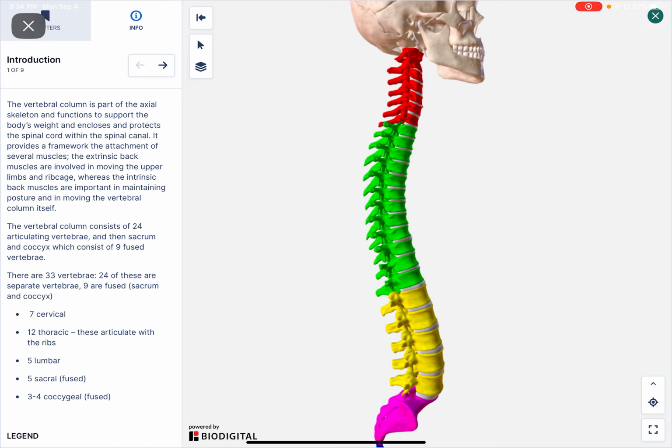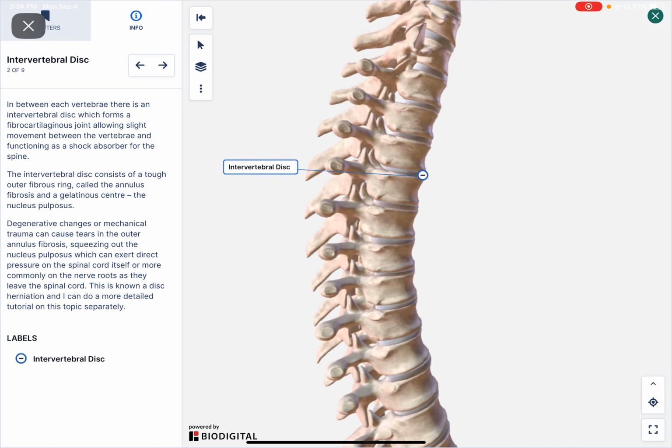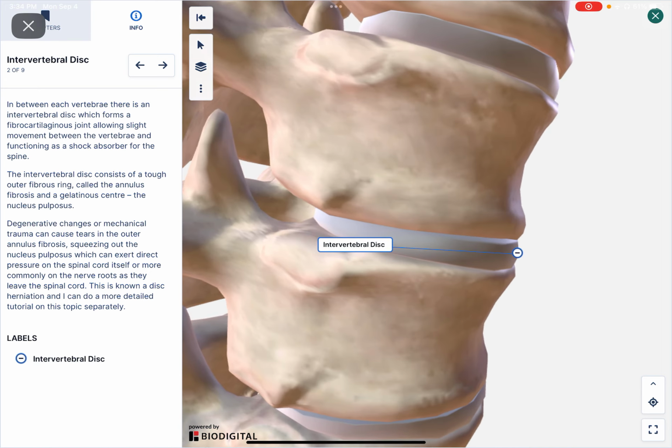All right, so we are going to continue, and we're going to talk about the intervertebral discs. As you may see here, we have the tough outer fibrous ring called the annulus fibrosus.